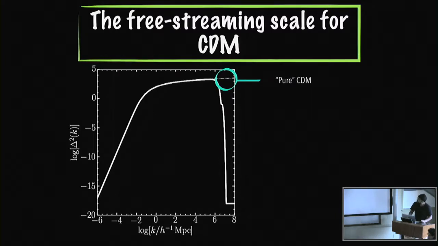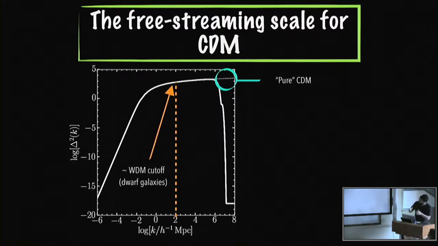If you had a slightly different variant of the model of dark matter, something like warm dark matter, for example, these particles have some kind of thermal velocities when they're born. And what that does is that it introduces a characteristic scale in the theory where the power actually gets cut off. And for warm dark matter candidates, this occurs roughly around the scale of dwarf galaxies, so around halo masses of around 10^8 or 10^9 solar masses.